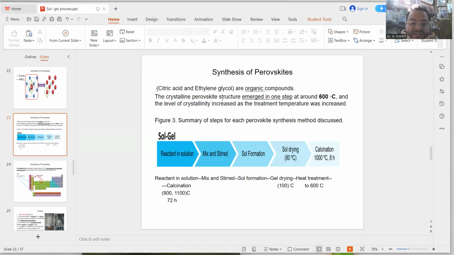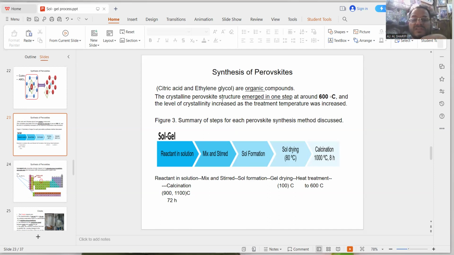The crystalline perovskite structure emerged in one state at 600 Celsius. It's a very interesting temperature. The same thing I did in my work: I tried to convert the gel from wet gel to dry gel like foam and burn it, increasing the temperature a little bit step by step to reach 600 to be sure the whole perovskite structure emerged at this temperature.